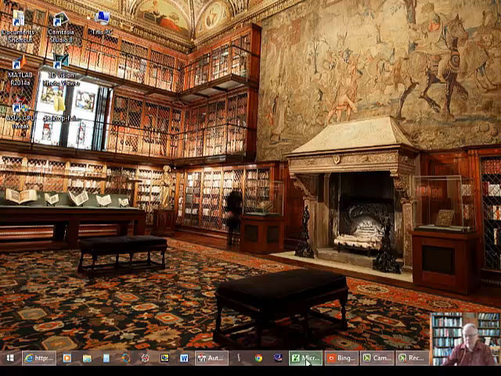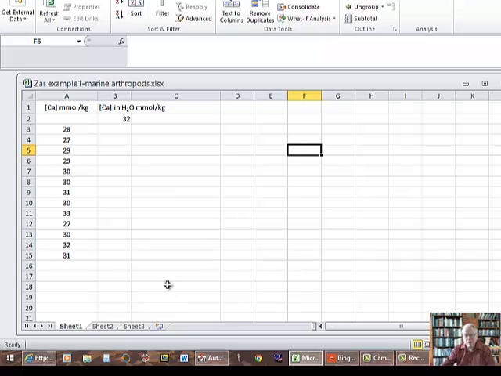So when I do that, 13 of them I pull out, and I get the calcium concentration in millimoles per kilogram. And in the water, the concentration is 32 millimoles per kilogram.